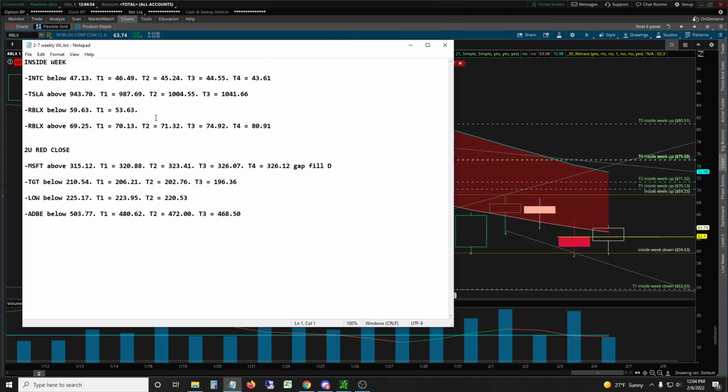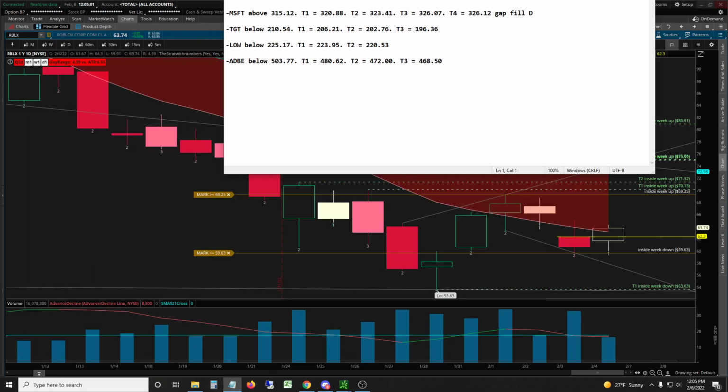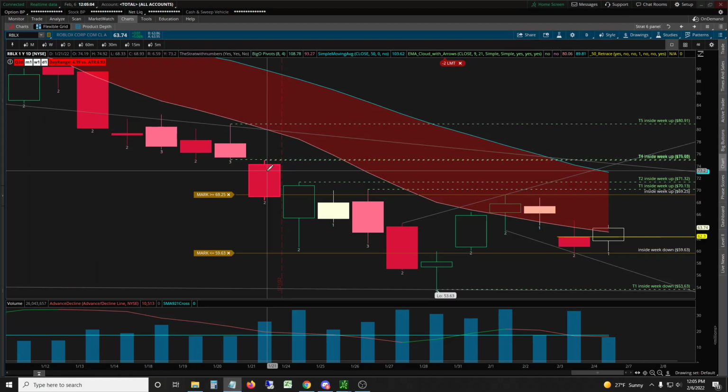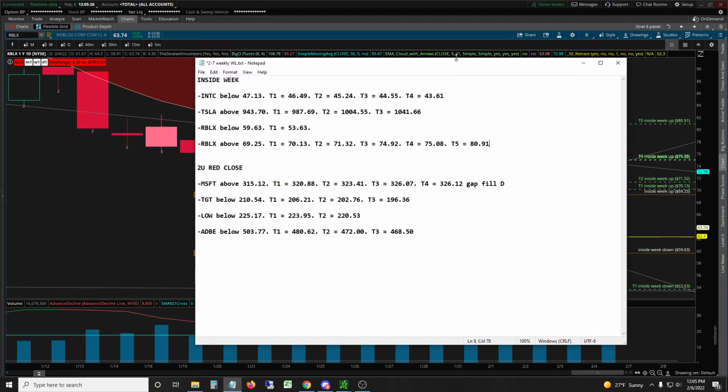So when I put this up here, target 3 is, I'm going to move this out of the way here. Target 3 is 74.92. Target 4 is 75.08. Target 5 is 80.91. Okay, and you can see here I changed that now.